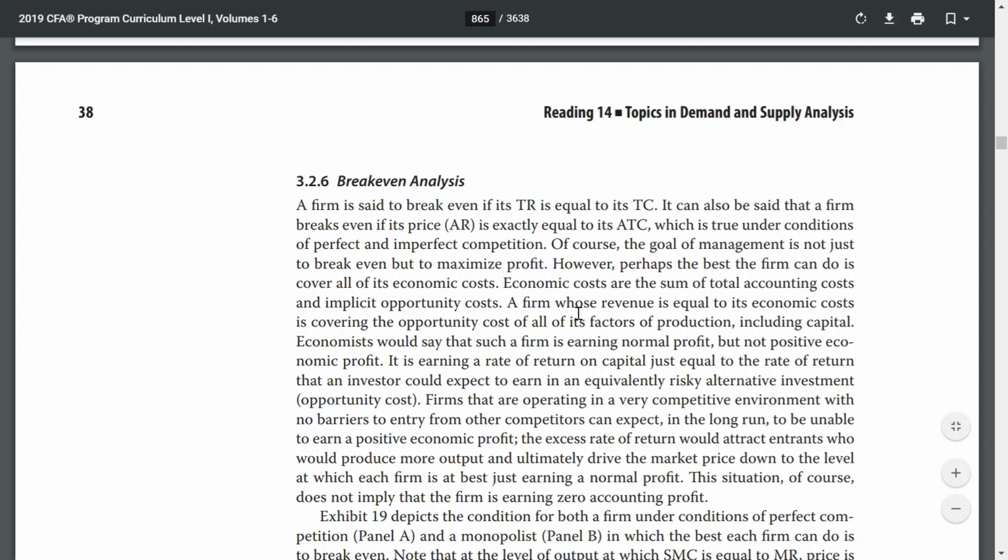Of course, the goal of management is not just to break even, but to maximize profit. However, perhaps the best the firm can do is cover all its economic costs. Economic costs are the sum of total accounting costs and implicit opportunity costs. A firm whose revenue is equal to its economic cost is covering the opportunity cost of all of its factors of production, including capital.